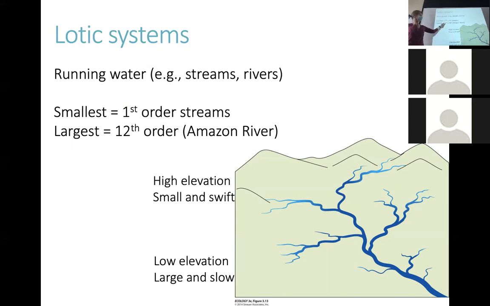When you get down here, you can get up to a 12th order. And I'll talk about how we actually calculate the order, but for now, you can go from first up in the headwaters. The Amazon River, a massive, massive river, is the biggest one, and it's a 12th order stream. So that's how we categorize lotic systems, just based on size.